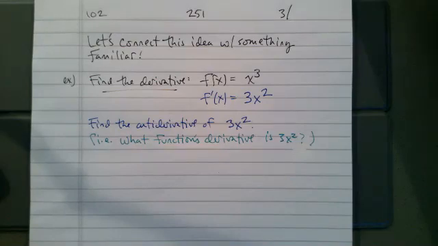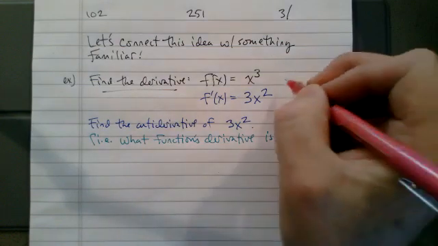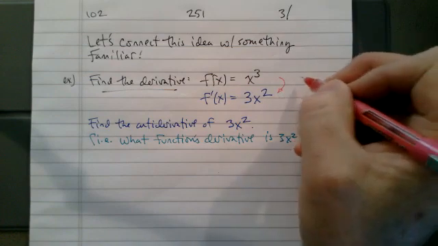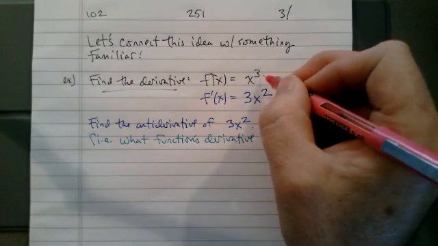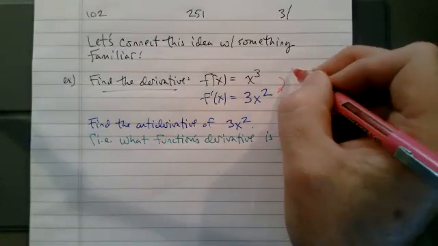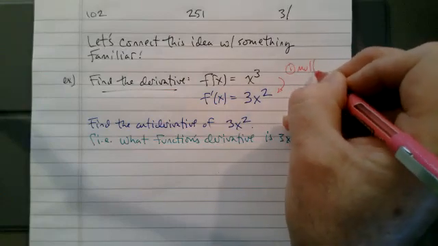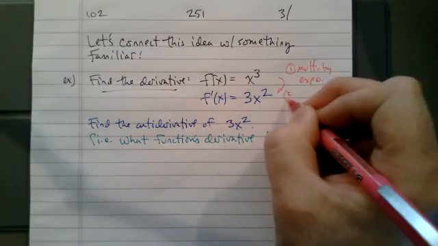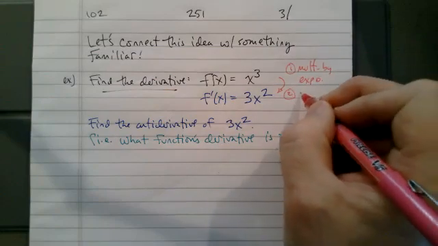We do want to think about the process, though. It's like, well, there's got to be some trick to it, right? So think about what we did going from x cubed to 3x squared. We multiplied by the exponent and then subtracted 1 from the exponent. So multiply by the exponent, and second, we subtract 1 from the exponent.